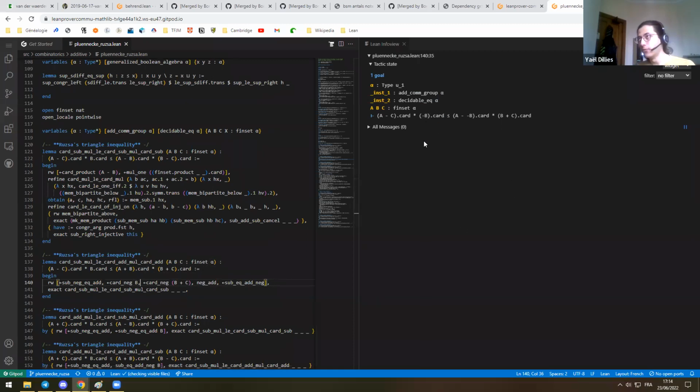Turns the cardinality of b into the cardinality of minus b. Same for b plus c. It distributes the minus over the addition, writes it as minus c. And then it's exactly the previous statement.